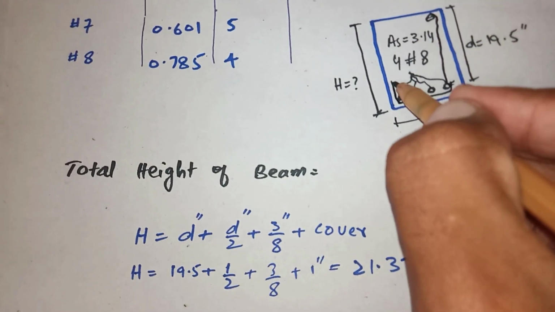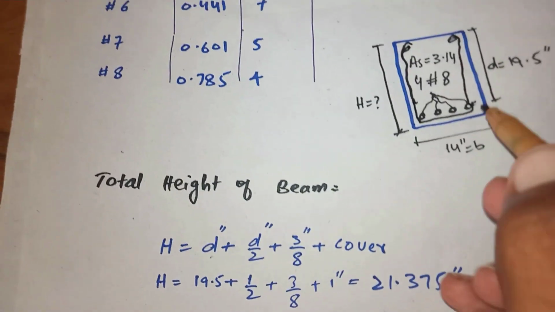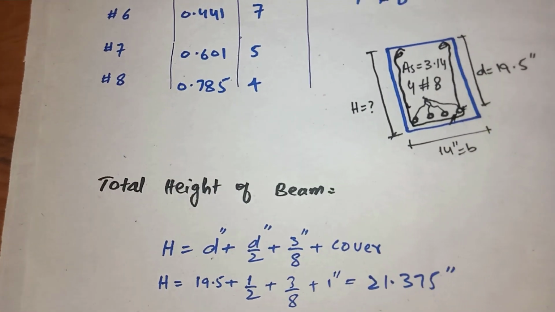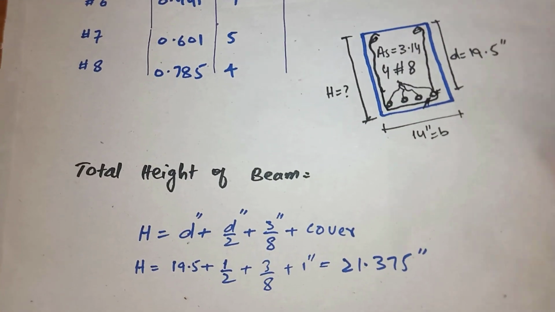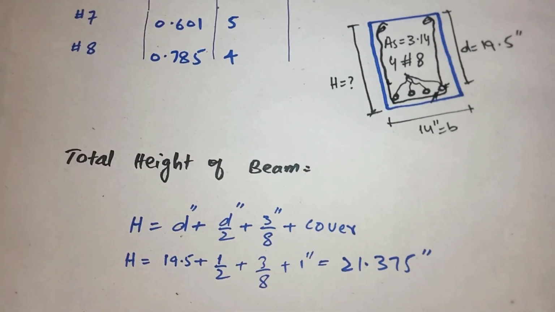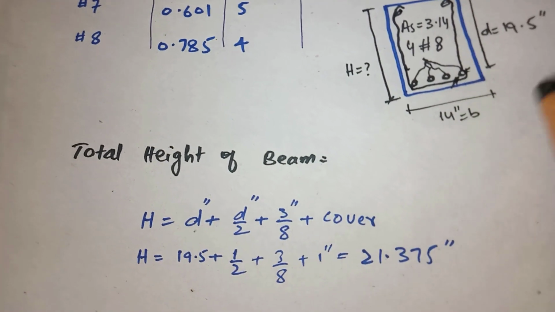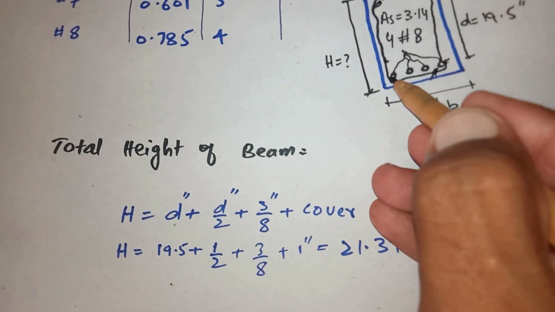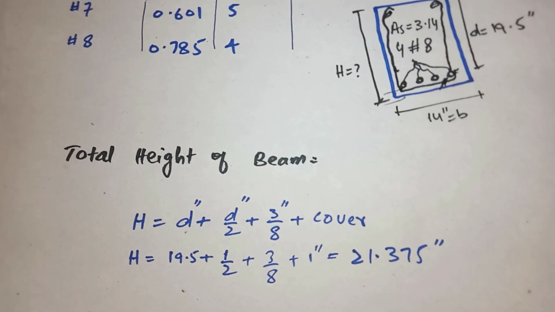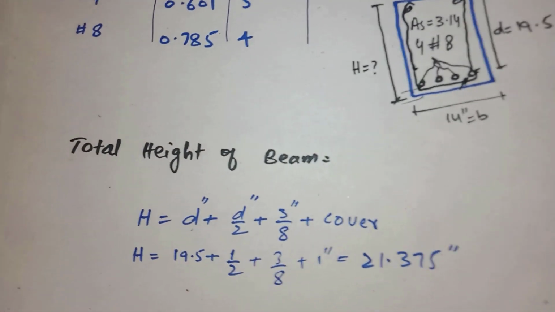Let's put it here. So this is number 3 bar. That number 3 bar dia is 3 by 8 inches, and plus we will add cover, that will be from here to here, to meet this full height.